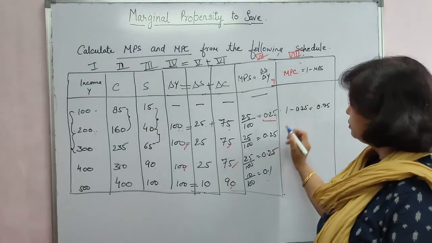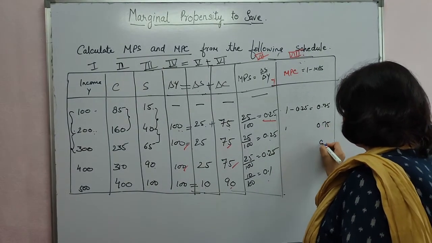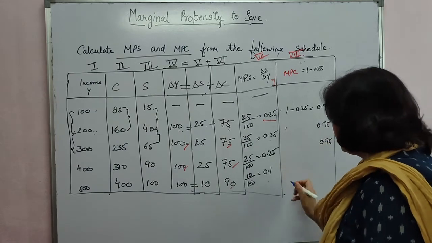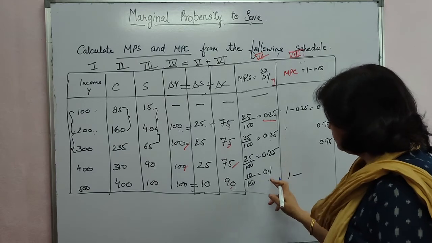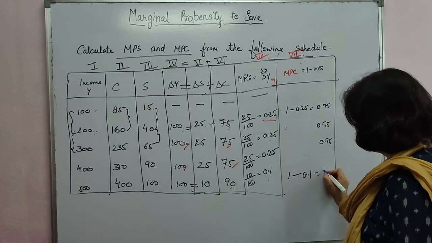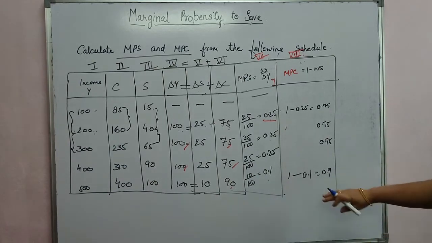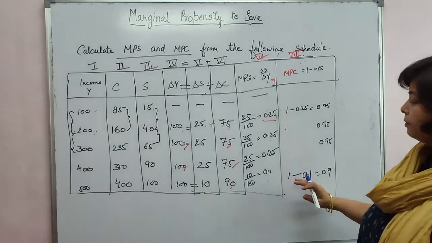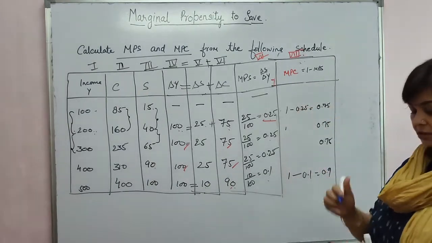Here also it will be the same, 0.75. In the last row, 1 minus 0.1 is equal to 0.9. So if we deduct the value of MPS from 1, the answer will be MPC.